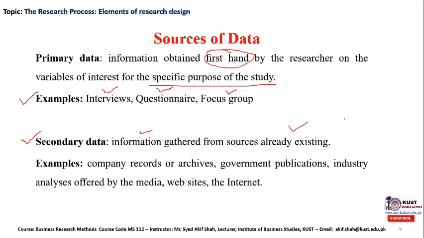Such picking up of data pertinent to your research study is known as secondary data. Examples include the company's records and archives. As I have told you, the annual reports of the companies can be studied for extracting the relevant data regarding our variable of prime interest.